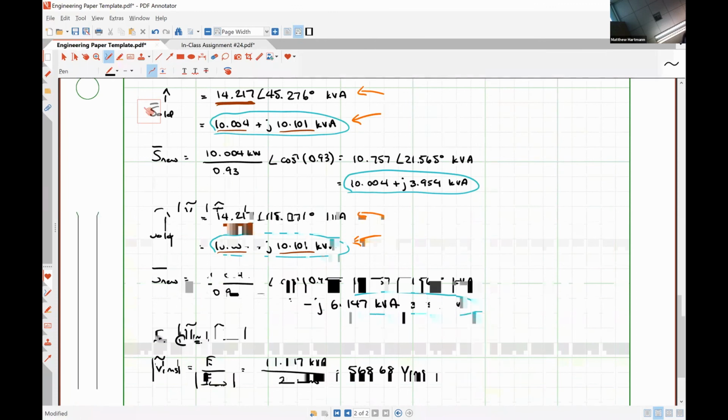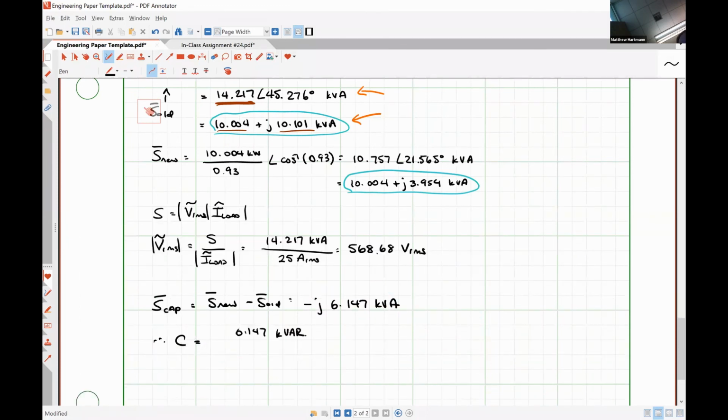So from this, C is 6.147 kilovars divided by 120 pi times 568.68 volts RMS squared. That gives 50.419 microfarads.